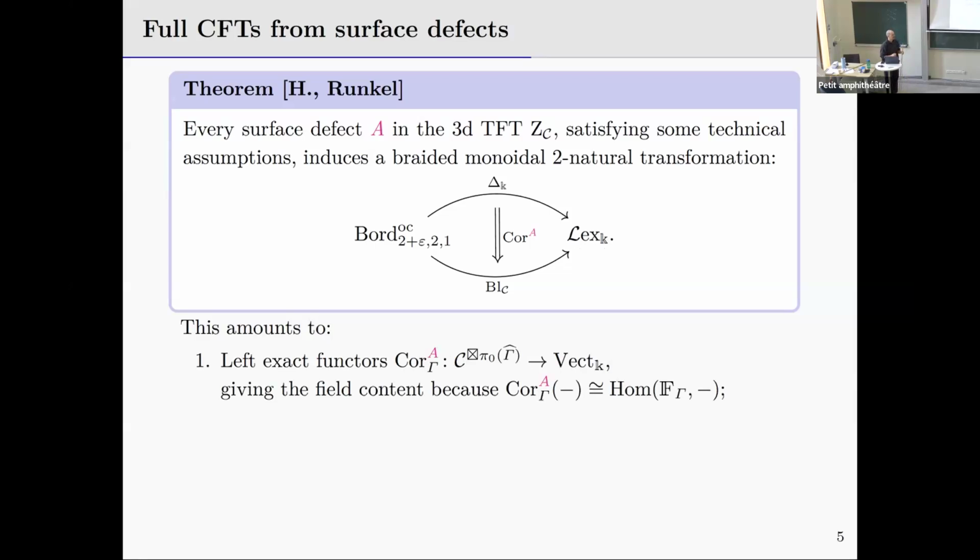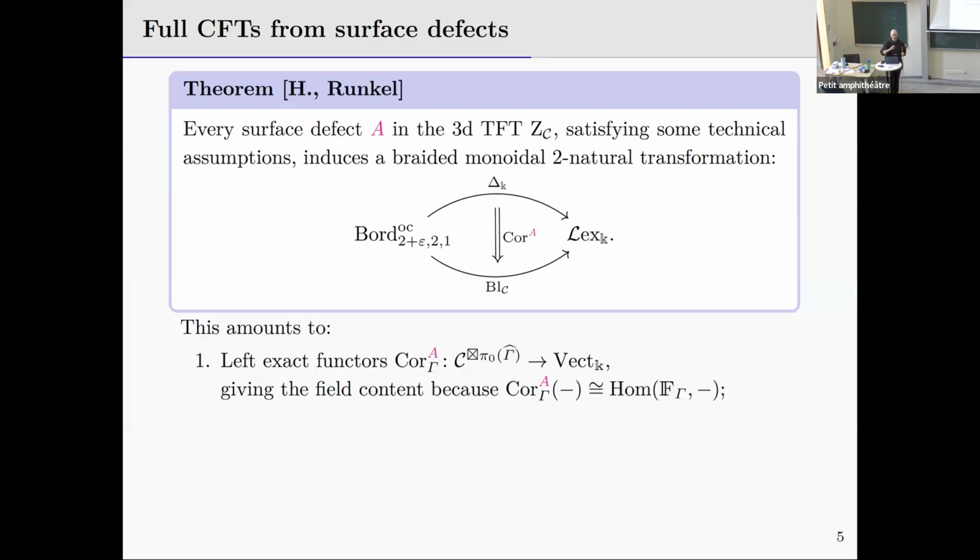Again, we saw this in one of the talks on Monday already. So what this means is that for every 1-manifold, we get an object in some copies of our category. For the interval, this will just be the category C. For S1, this will be C box C bar, but we will see this again later.